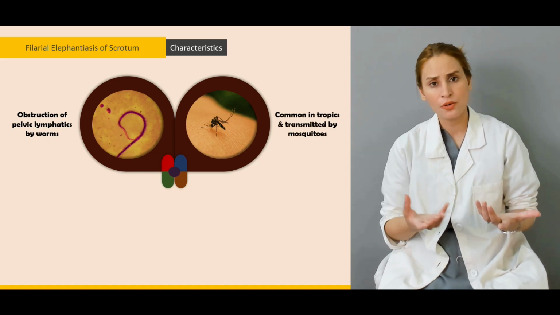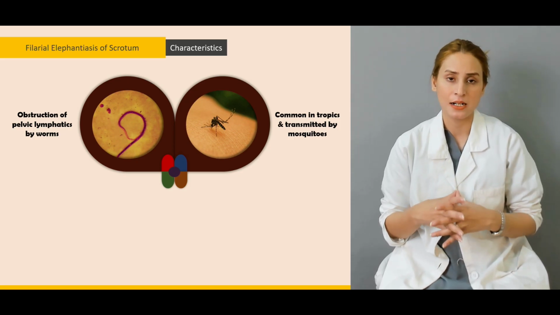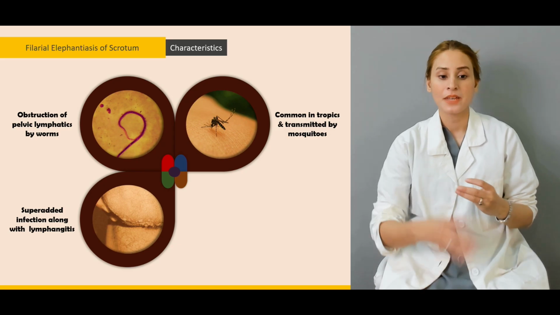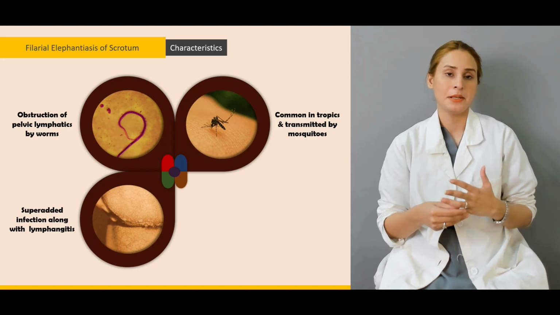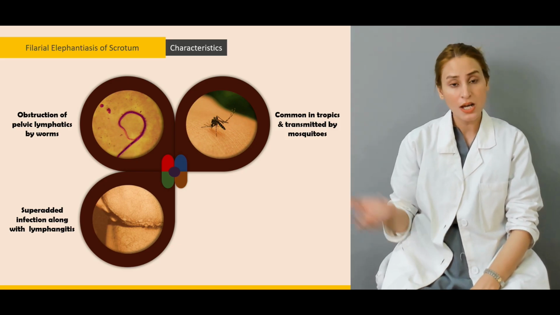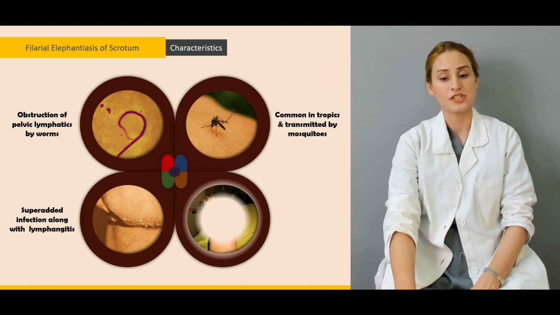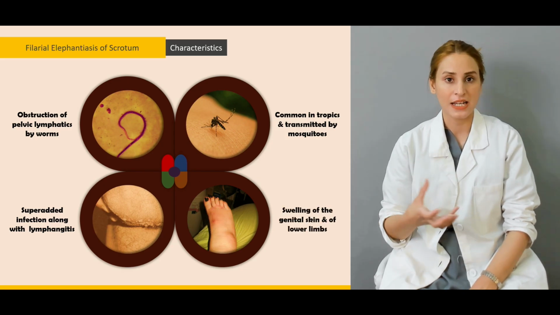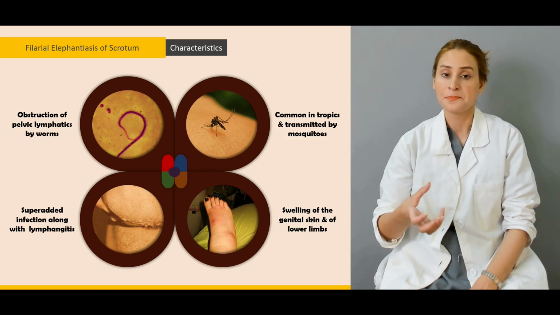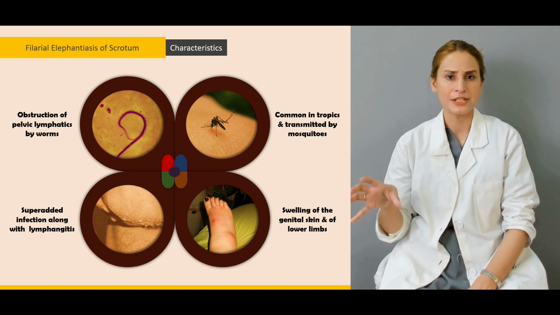Besides that, we know that it's an infection which is very common in the tropics, and it's usually transmitted by the mosquito. There can be superadded infections as well, like lymphangitis, because obviously when there's an obstruction to the lymph flow, there would be stasis of the lymph, and there can be superadded infection causing lymphangitis. Ultimately there can be swelling of the genital area and swelling of the lower limb, because all of the lower limb lymphatic drainage goes to the pelvic system.